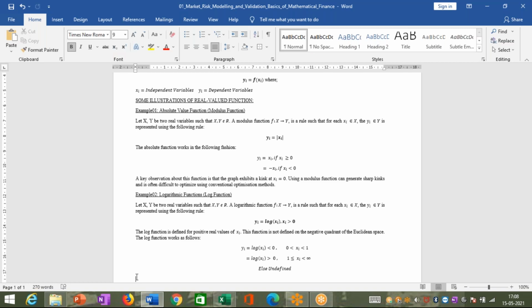Using these two functions, we can construct the log normal distribution. One of the biggest applications of the exponential function is the Gaussian distribution. So we'll talk about the Gaussian distribution and the log normal distribution. As we talk about these functions, we'll use them as examples, and we'll see the wide variety of areas where these two functions are used for market risk variables, right?